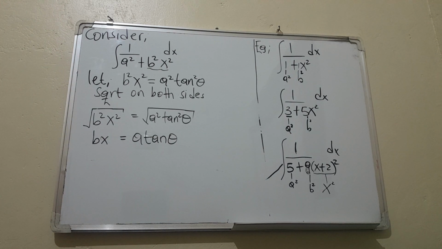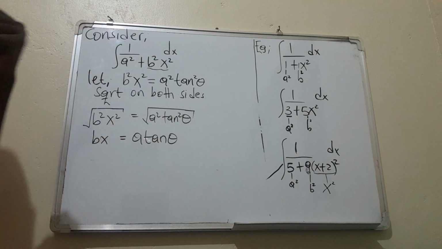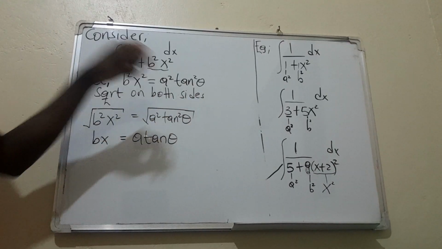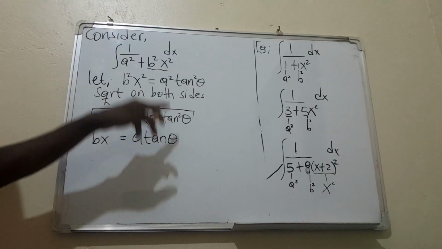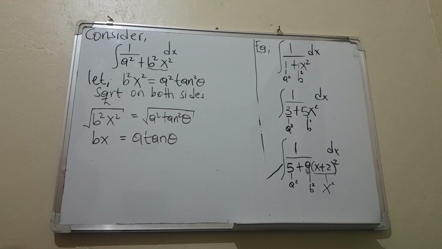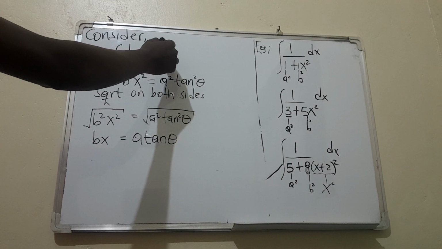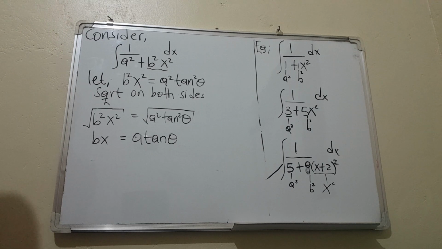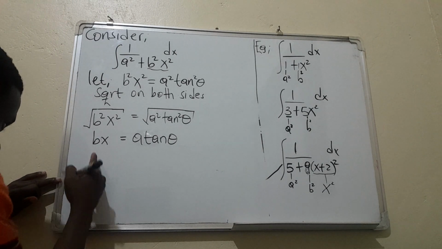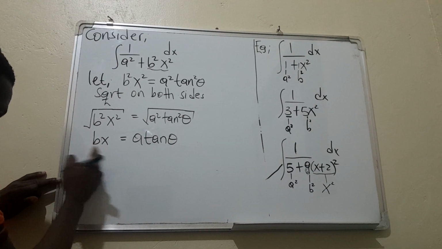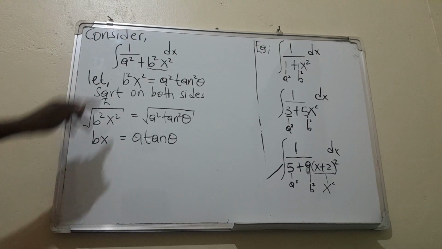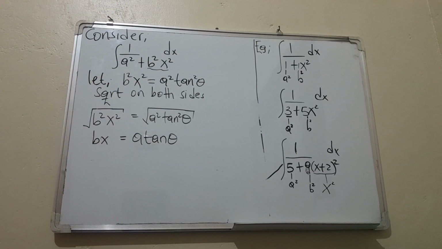After that, we want to change our variable from x to another variable theta. That means we shall also need to change this dx. So differentiate on both sides. A and b are both constants.